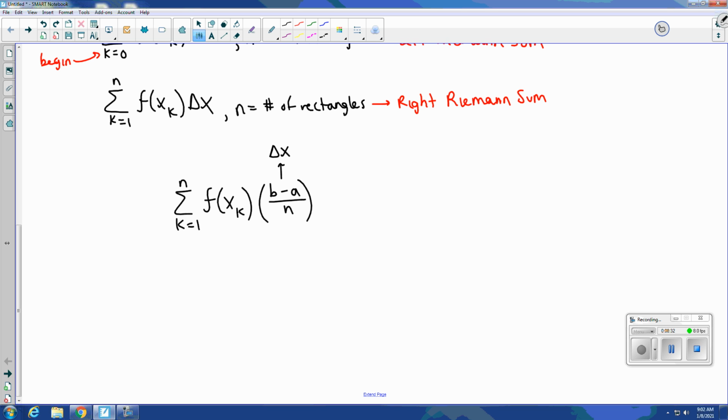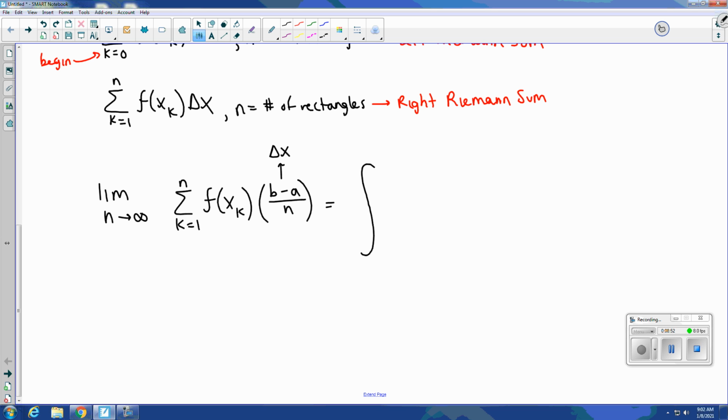As soon as the number of rectangles approaches infinity, so the limit as the number of rectangles approaches infinity, we have just produced an exact way to calculate the area between the function curve and the x-axis.